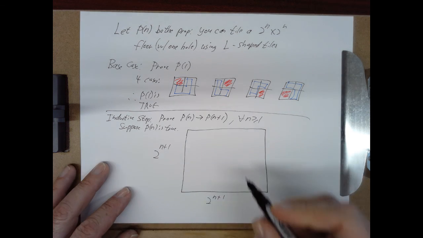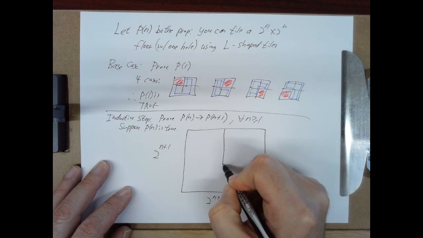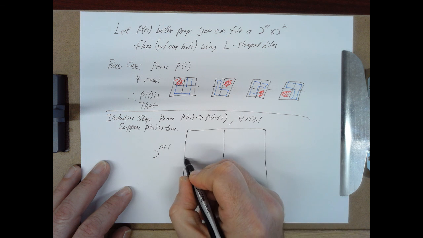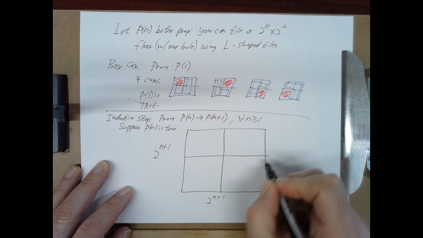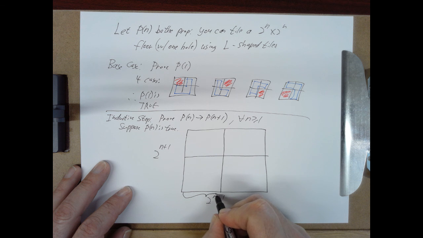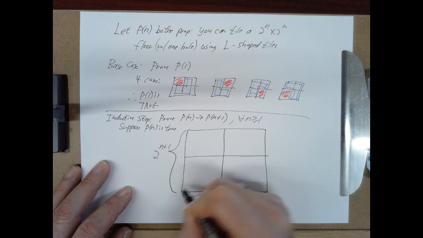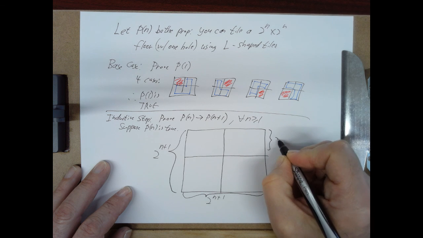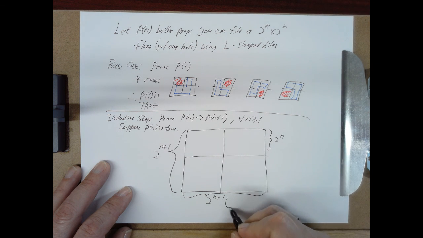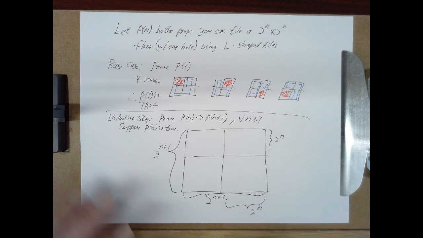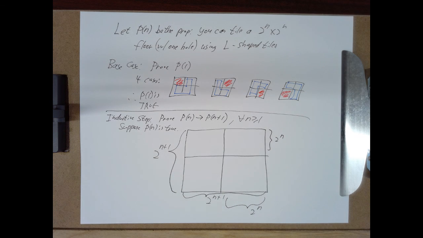Well, split this into 4 smaller regions. So this whole thing is 2 to the n plus 1, but the smaller region is 2 to the n. Okay, there's going to be a hole somewhere. I don't know where it's going to be. Suppose our hole is right here.